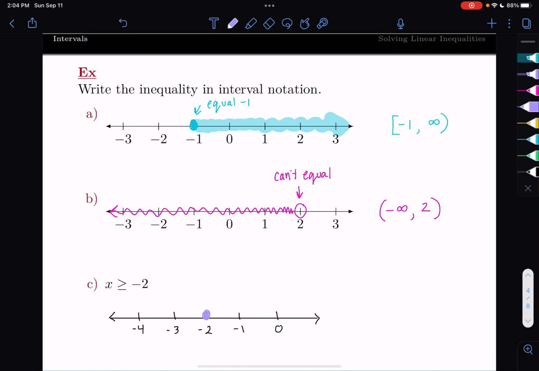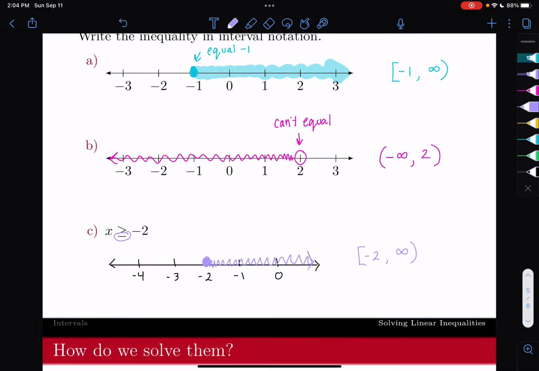So I can fill in this circle and I can pick all x values that are greater than it as well. So I can continue to the right forever. If this bar wasn't here, that would indicate that I have an open circle. So in interval notation, we start at -2, we can equal it, and then we can take all values to the right.